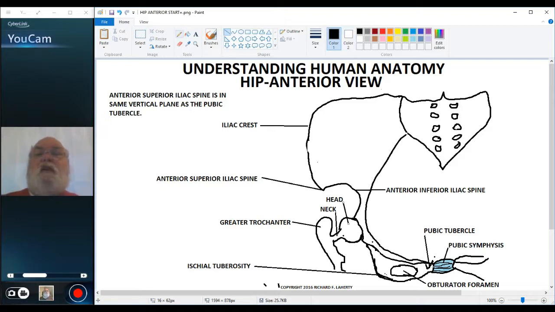I want to draw in a ligament between the sacrum and the iliac, and I'll color that ligament in. And this is the anterior sacroiliac ligament.